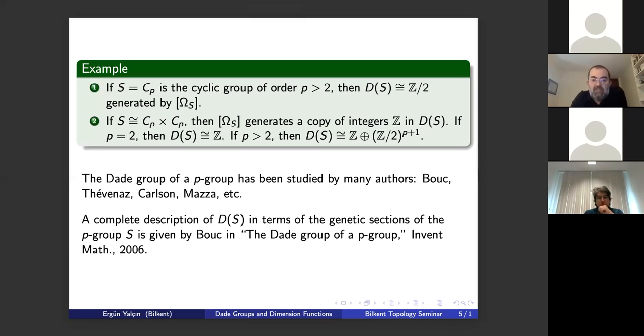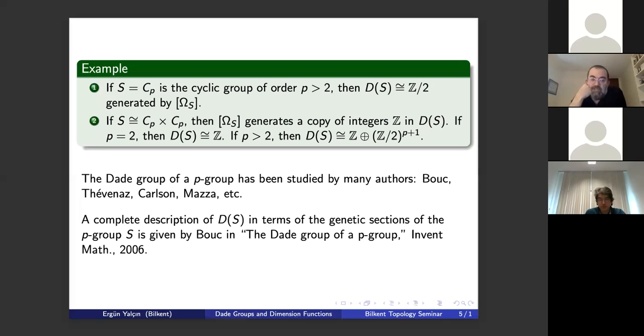Genetic sections are subquotients, or sections, of the group which have certain properties, and the Dade group for those sections you can inflate and induce to the whole group, and they generate the Dade group.